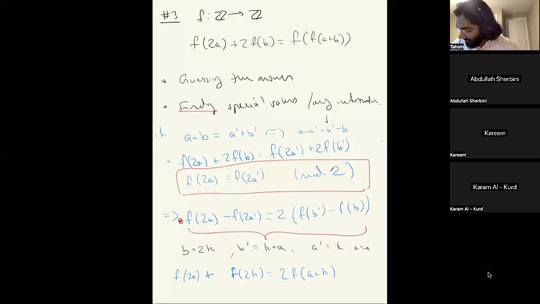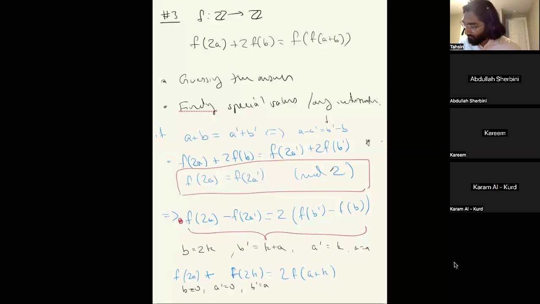So now, I think we can use the first equation again by substituting b equals 0 and a prime equals 0, so b prime equals a.